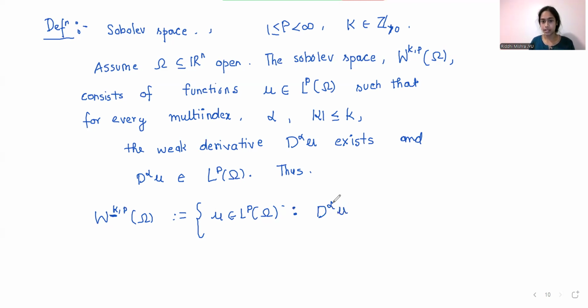This means that d alpha U belongs to LP for all alpha with order less than or equal to K. So this is my set, WKP omega.